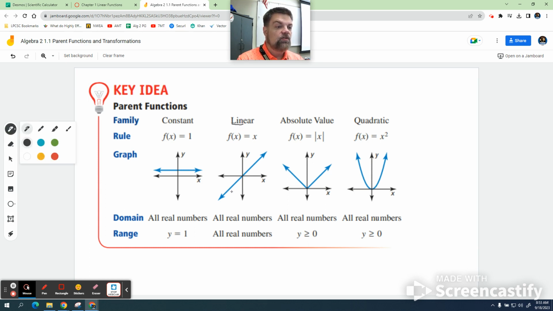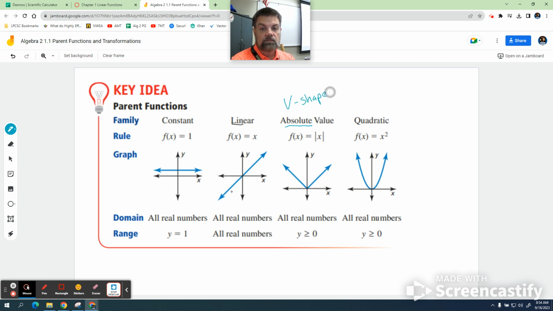Now, absolute value functions, this is an absolute value function. What do you notice about the absolute value functions? It's two straight lines, but it's V-shaped. So this is a line.